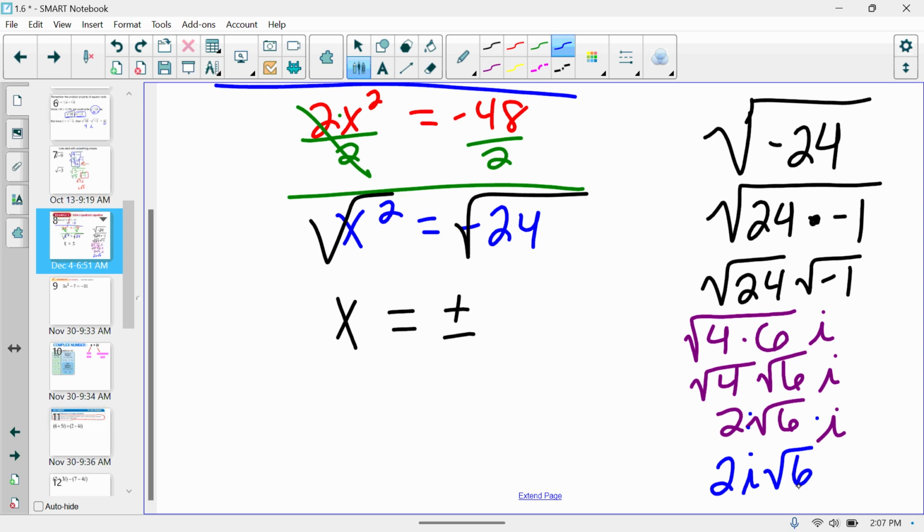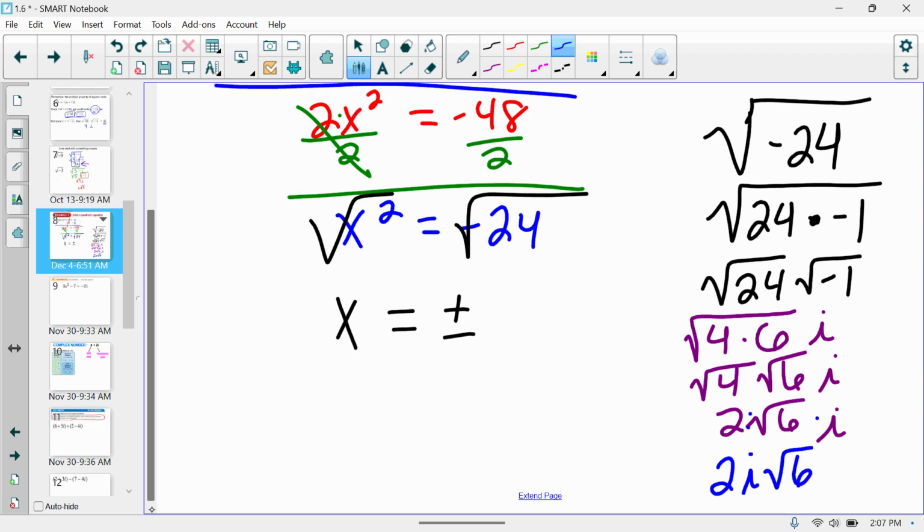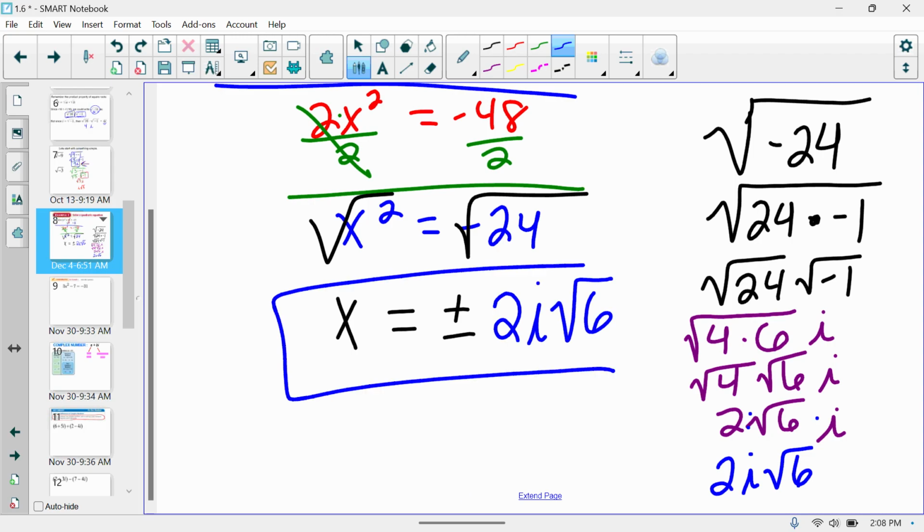Like we had some of them where there was no more root, like here, then you can just write 3i. But if there's a root in it, we still oftentimes write the root part last. So the answer is positive or negative 2i radical 6. Questions so far?